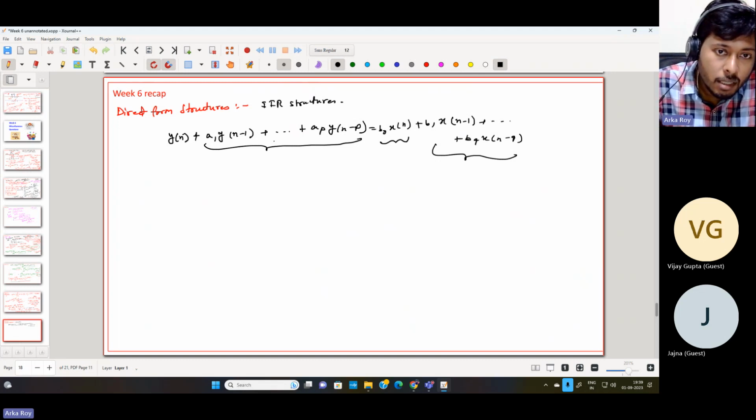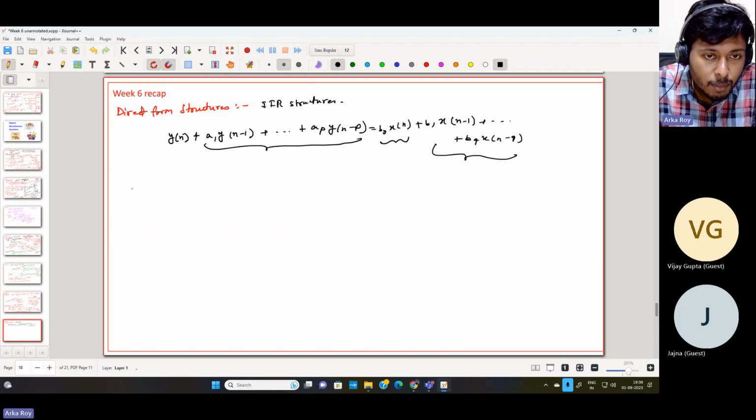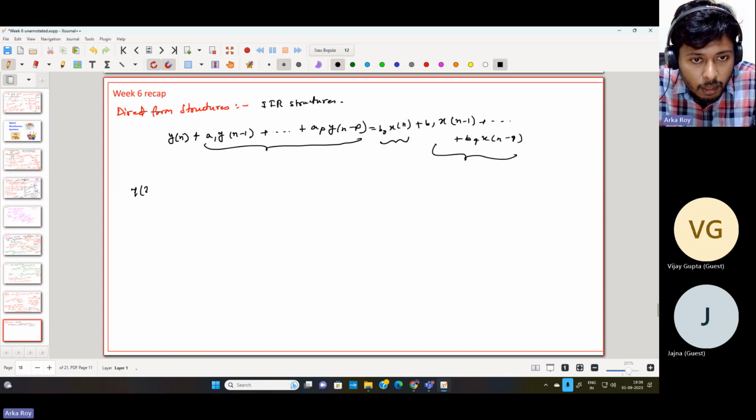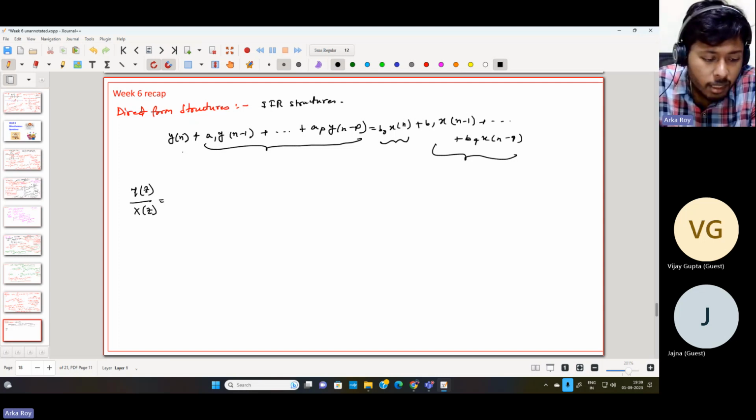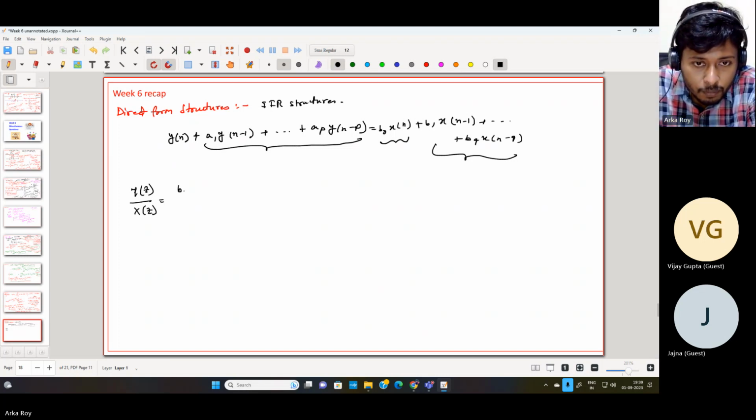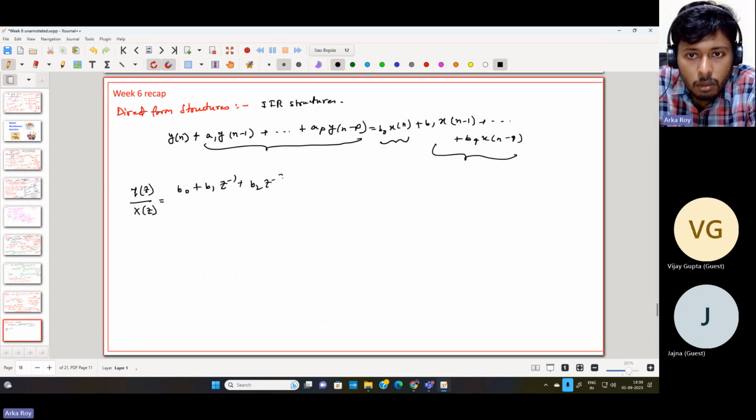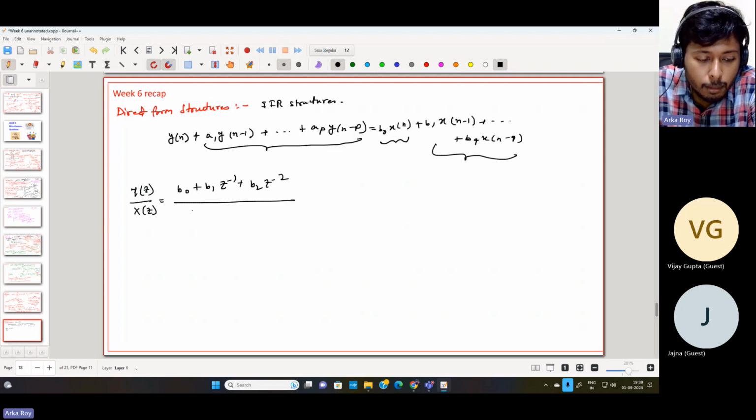Now, given an IIR structure, let us consider a very simple one: Y(z) upon X(z). If I take the z transform on both sides, then I'm considering 3 coefficients. So b naught, b1 z inverse, b2 z to the power minus 2, and similarly, 1 plus a1 z inverse, a2 z to the power minus 2, and a3 z to the power minus 3. Okay.